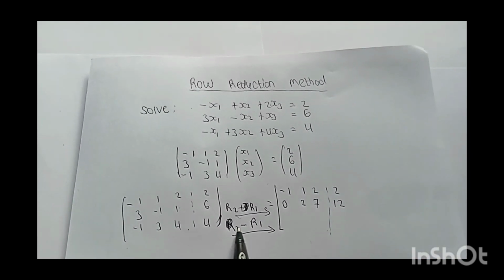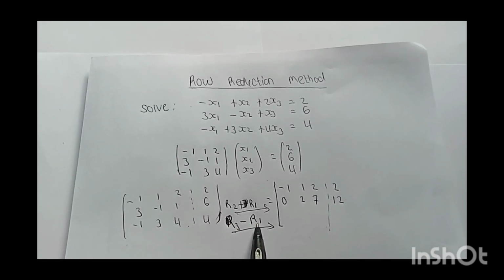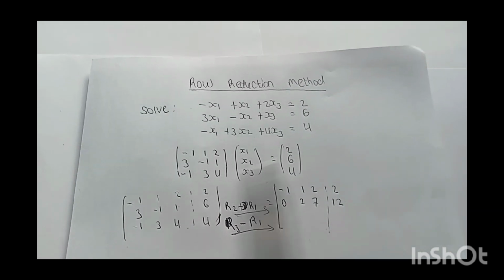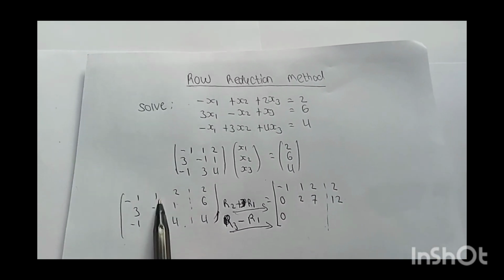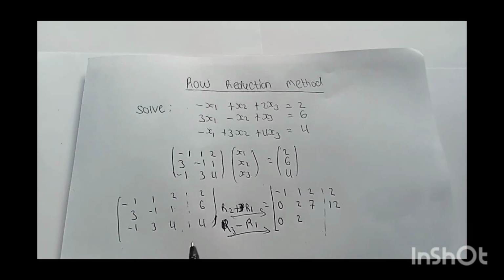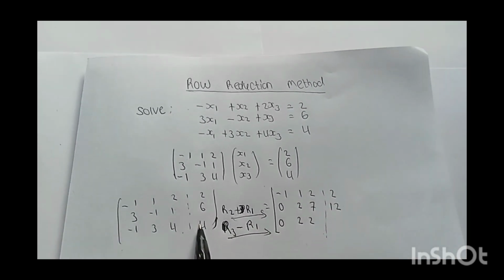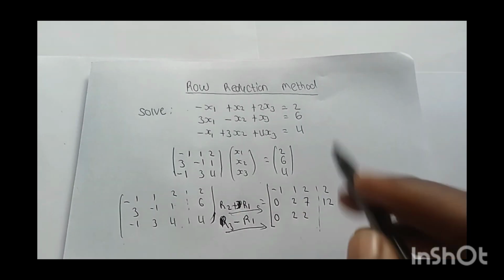Coming to the new row 3, we have said that it will be row 3 minus row 1, such that it will be -1, -1, that is a 0, 3, -1, that is 2, 4, -2, that is 2.